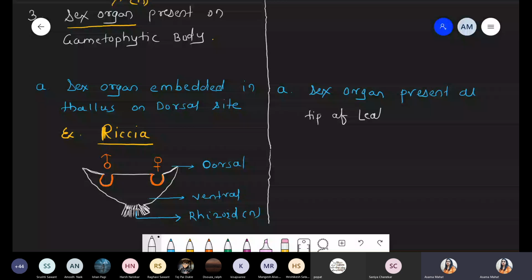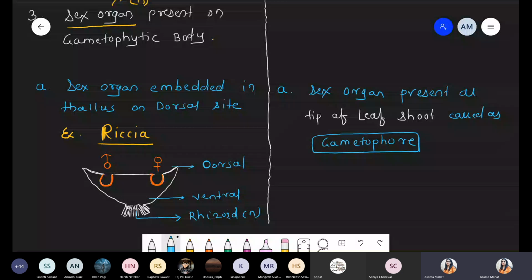What is the meaning of this gametophore? It is a typical type of leafy shoot where sex organs are present. Normally what happens? Spores are present, and those spores get released.